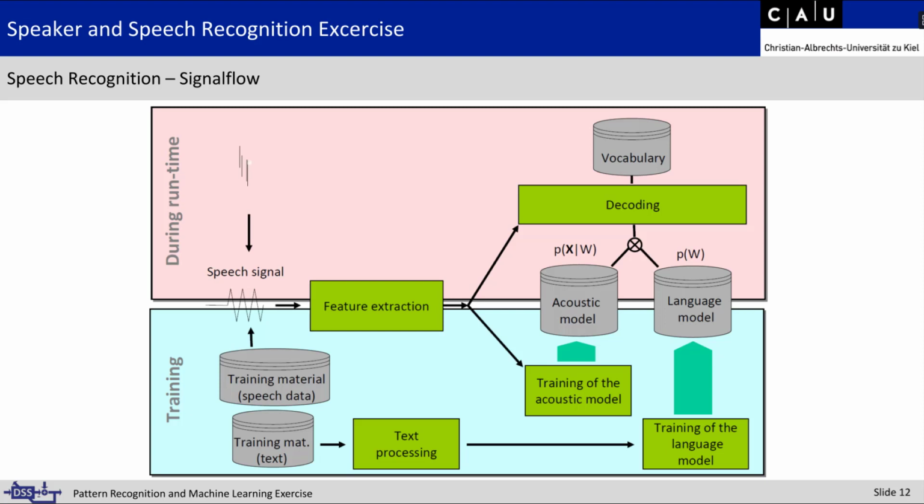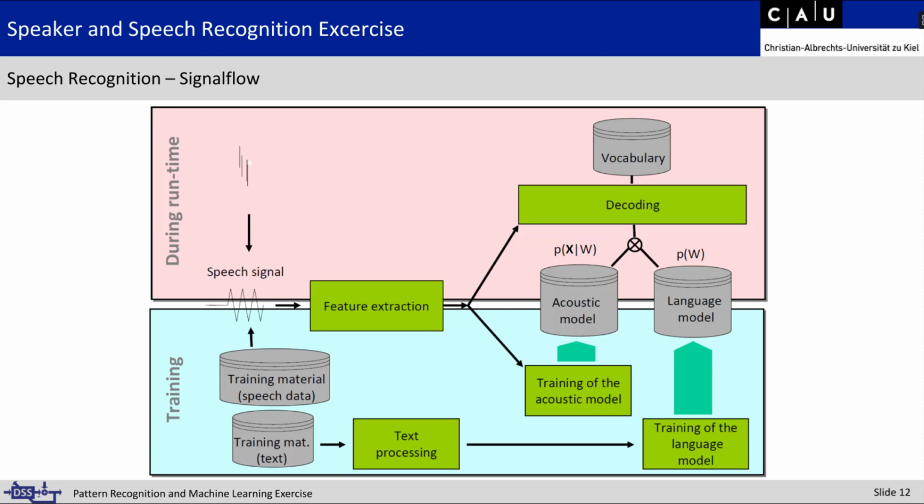At first we look at the top part, the runtime part. We have our speech signal. This might be sound waves that are recorded over a microphone, or maybe speech signals as a WAV file. Later in the Python demo, we will use FLAC files, and those are just speech signals.